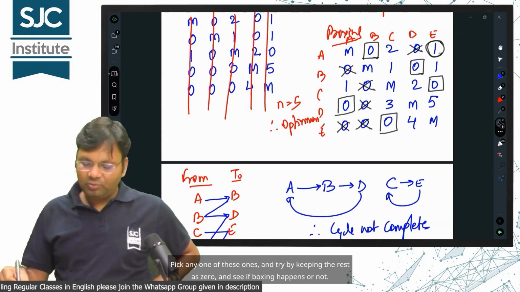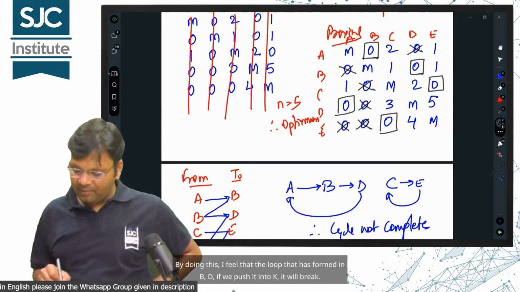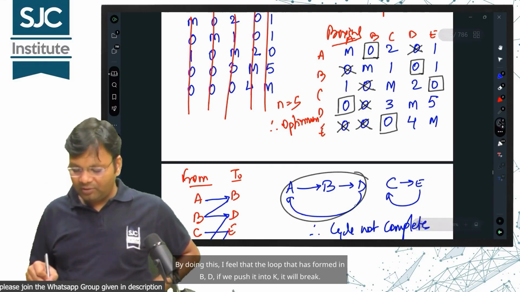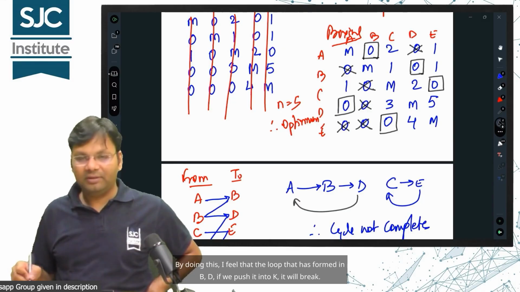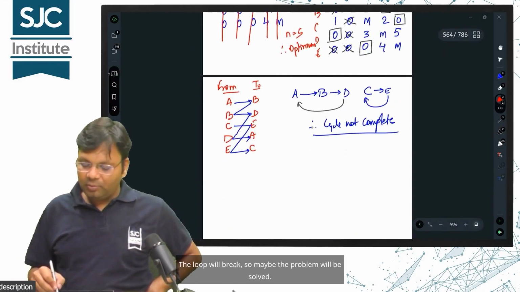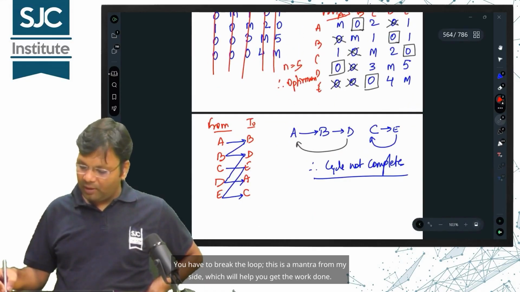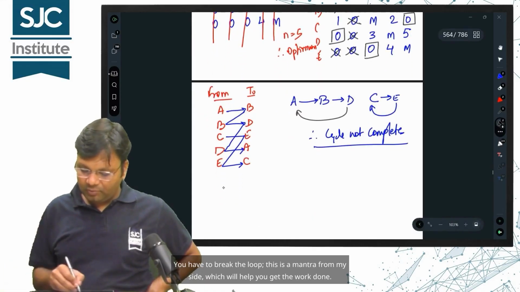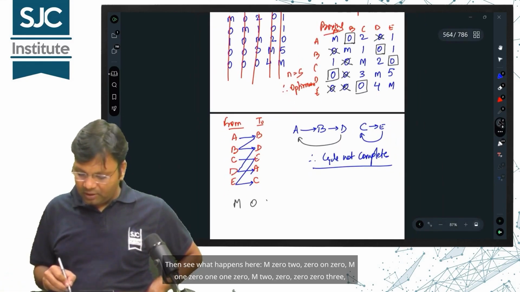Pick any one of these ones and try by keeping the rest as 0 and see if boxing happens or not. By doing this, I feel that the loop that has formed in B, D will break, so maybe the problem will be solved. You have to break the loop. This is a mantra from my side which will help you get the work done. Then see what happens here.